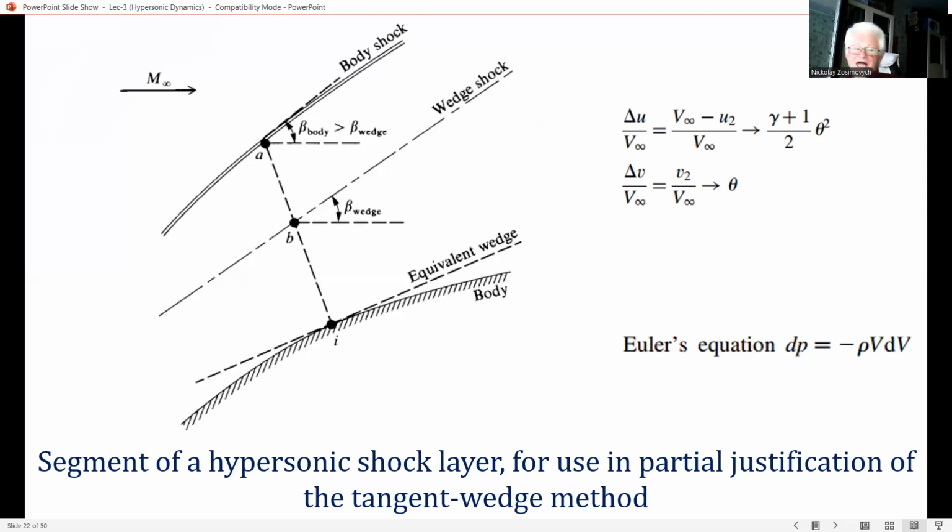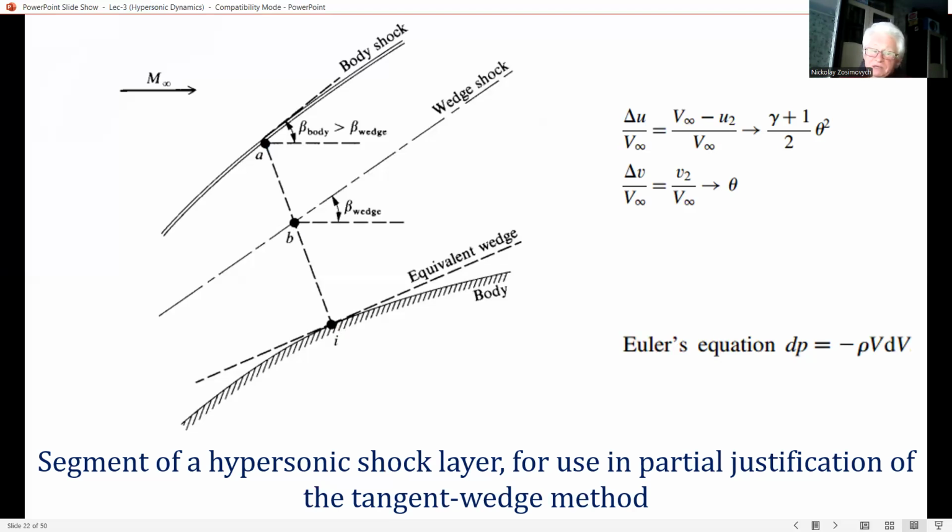Now, in the tangent wedge method, we may write Pi should be equal to Pb, where Pb is the pressure behind the imaginary wedge shock.